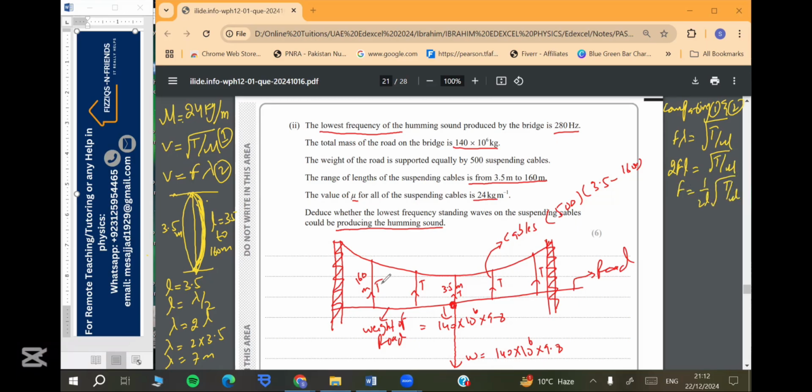Now we don't know what the tension is here. How do we find this tension? Because there are 500 cables, and the 500 cables together will have a large tension, and that tension will be equal to this weight, because downward forces are equal to upward forces.